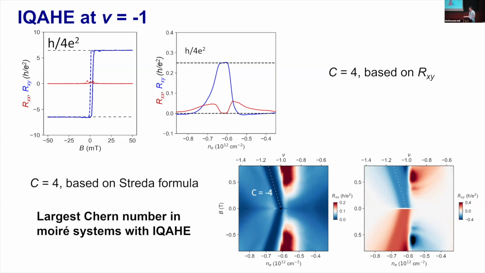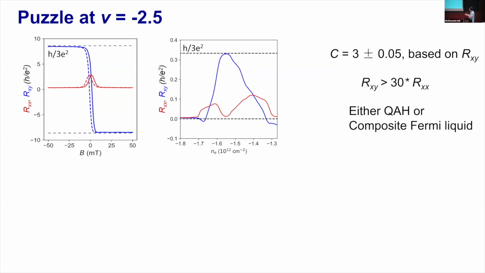And then you can ask, okay, it seems the C equals 4 band is flat enough. That's why it can be singled out and break time-reversal symmetry spontaneously. So can you have fractions in this high Chern number band, right? And remember, there's this thing happening at around filling factor 2.5, which is not an integer.